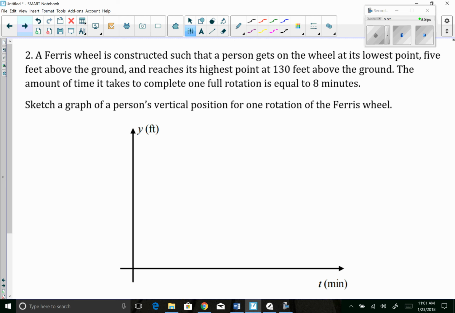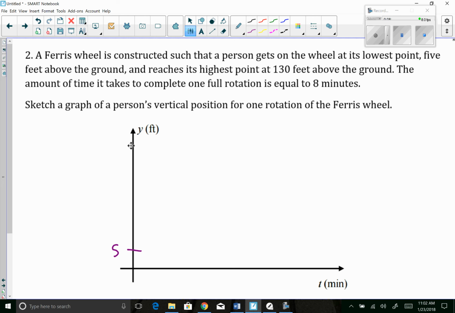It says a Ferris wheel is constructed such that a person gets on the wheel at its lowest point, so that's talking about like the 6 o'clock position on a circle, 5 feet above the ground. So I know the minimum value is going to be 5. It says it reaches a highest point of 130 feet above the ground. This is not necessarily saying that this graph is going to go up 130 from 5.